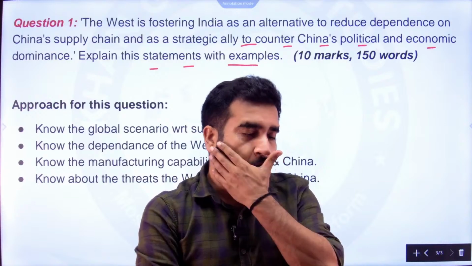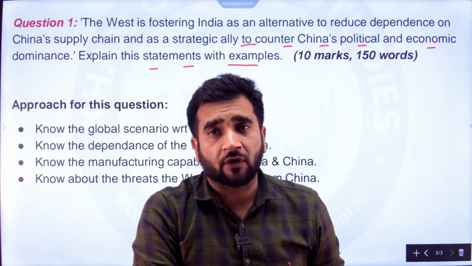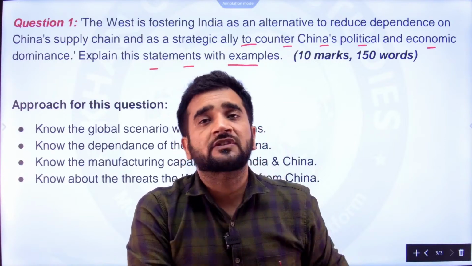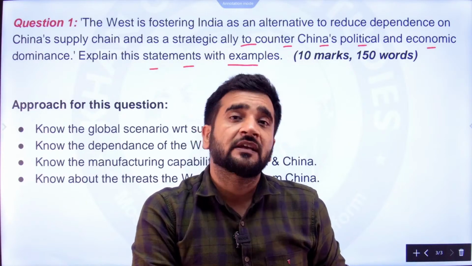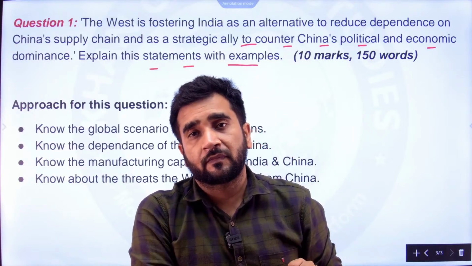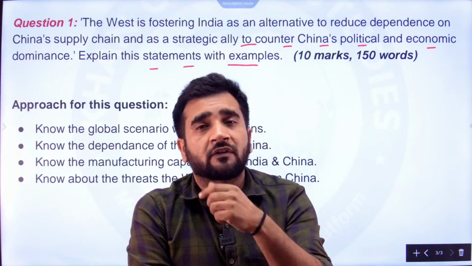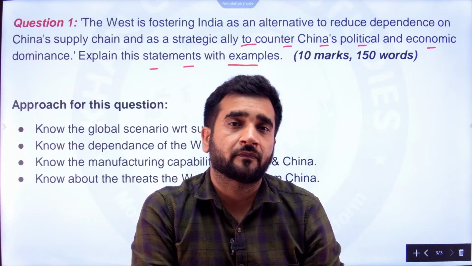So the West realized later on that China is taking undue advantage of this dependency, and hence the West started looking towards alternatives. When it did, it found India in the neighboring region of China.